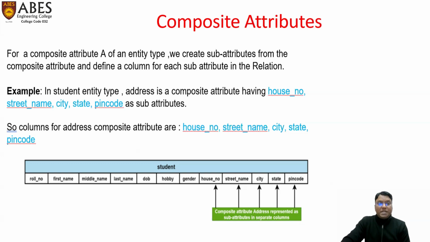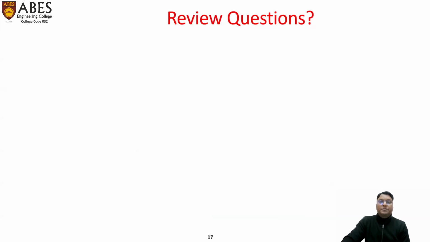So the columns for the address composite attribute are house number, street number, city, and state, along with pin code. So this is the way by which we can represent composite attributes.